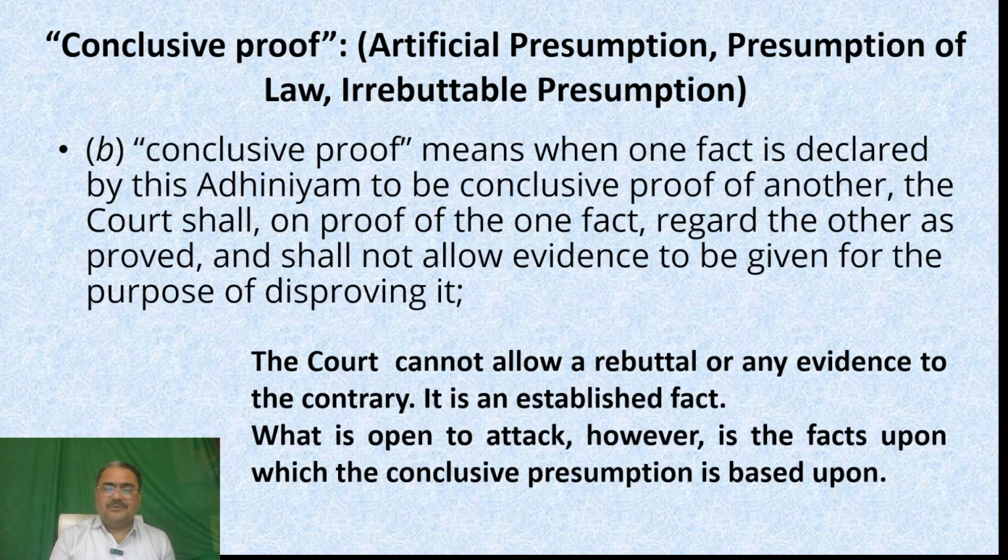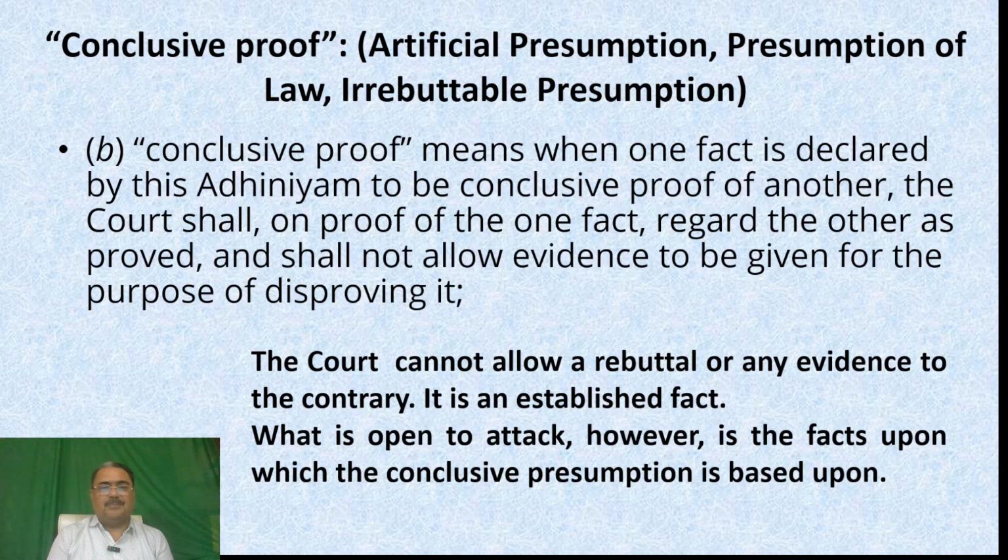The third term used in respect of presumption is conclusive proof. It is again an artificial presumption or presumption of law, but it is an irrebuttable presumption of law. You cannot rebut it. So when the law says some fact is conclusive proof, the law considers such fact as proved, and the last part says the court shall not allow evidence to be given for the purpose of disproving it.